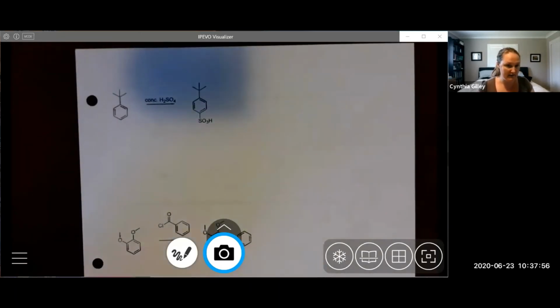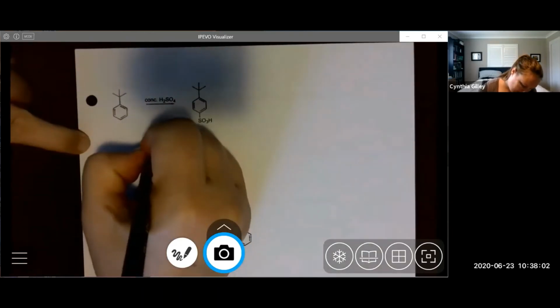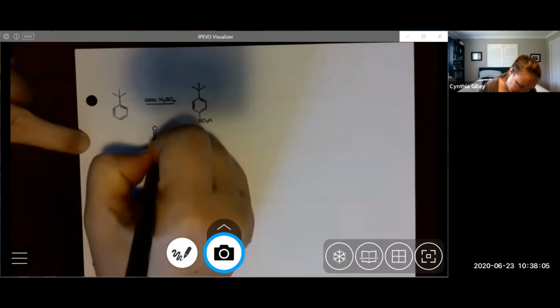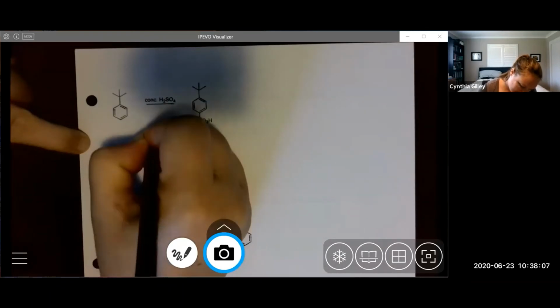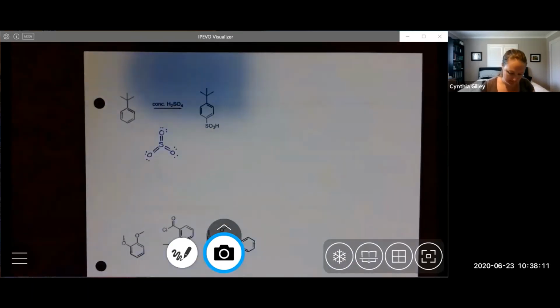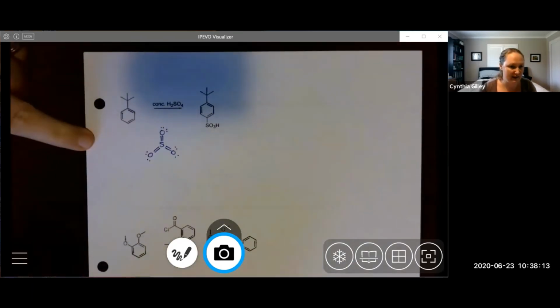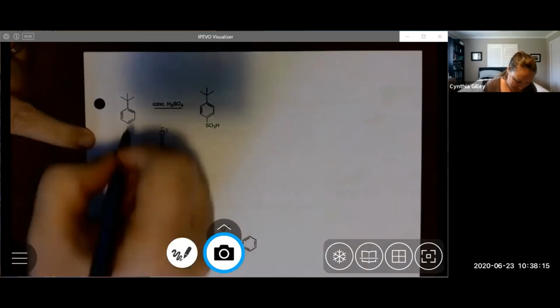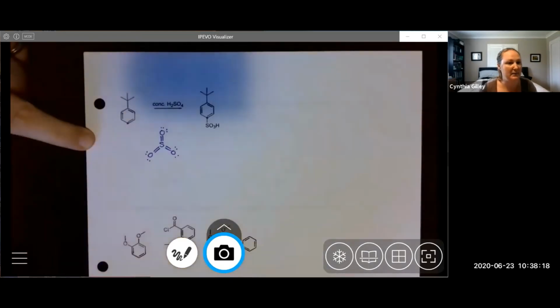Okay, a sulfonation. This one we get a little bit easier because if we just remember, we don't have to generate the active electrophile. We can just draw it. Right, so it's that sulfur trioxide. And again, we know our sulfonyl group ends up here, that carbon.